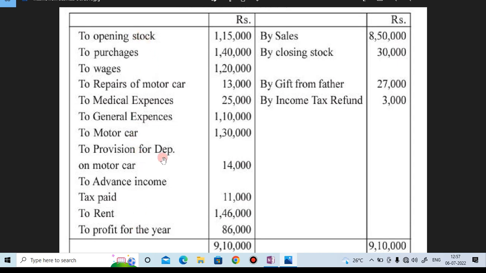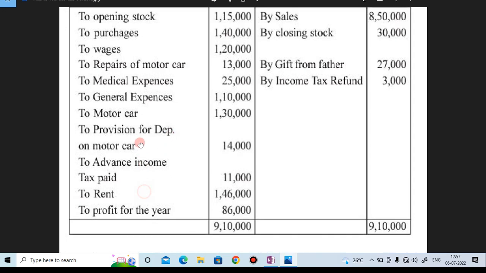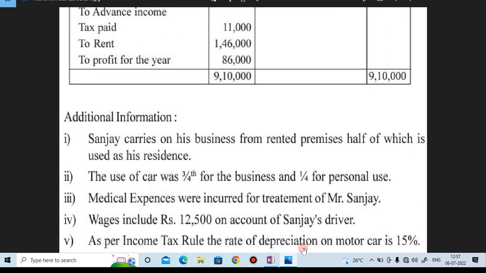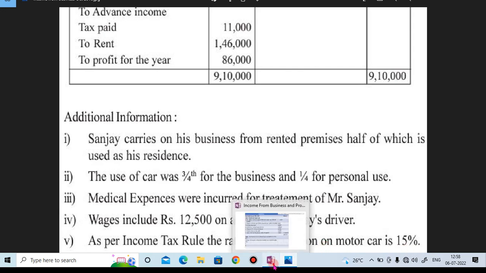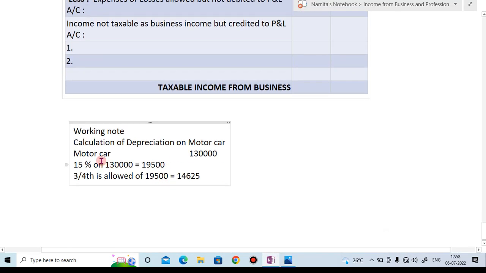We cannot take this depreciation, because this is not a specific depreciation, it is provision for depreciation. Clear? So this depreciation we have to calculate on motor car at 15%, in the working note.